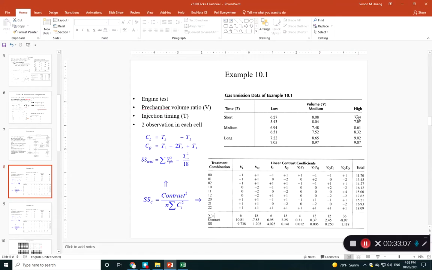So totally, I have double. Okay, so I have 18 observations, 18 minus 1, I have 17 degrees of freedom. 17 degrees of freedom, use it for linear, quadratic, use 8. 17 minus 8, I still have 9 degrees of freedom left.